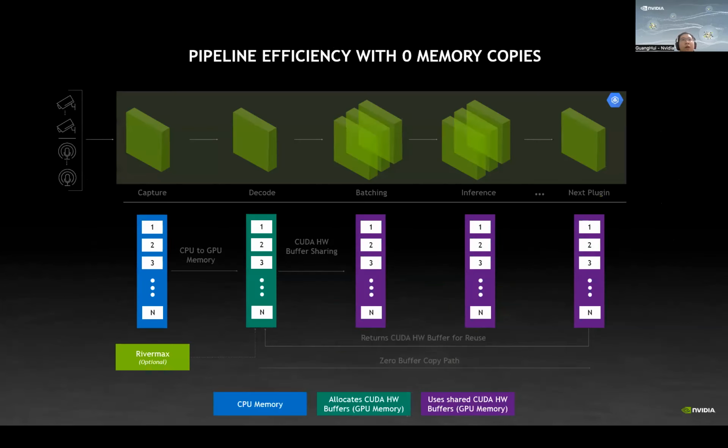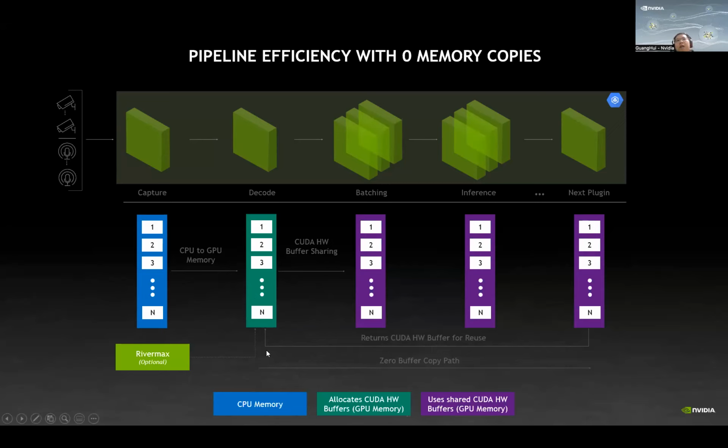With these plugins, we also do a lot of memory optimization to make sure there's zero memory copying. This is a usual pipeline and the plugins that I've shared. Basically, the first step is to capture the stream on the CPU side and move it to the GPU memory. By moving it, you might incur some latency because you are moving memory.